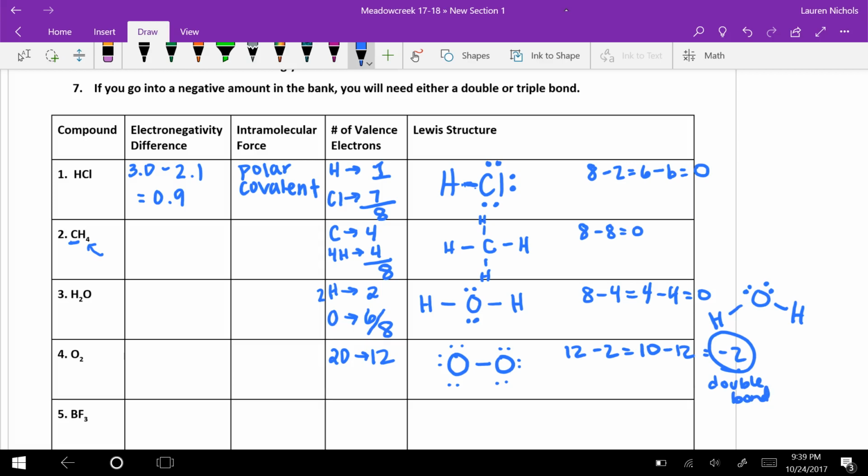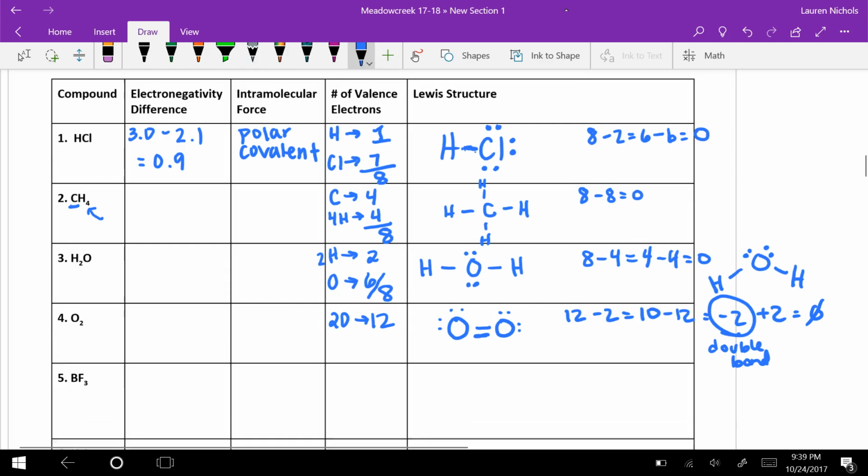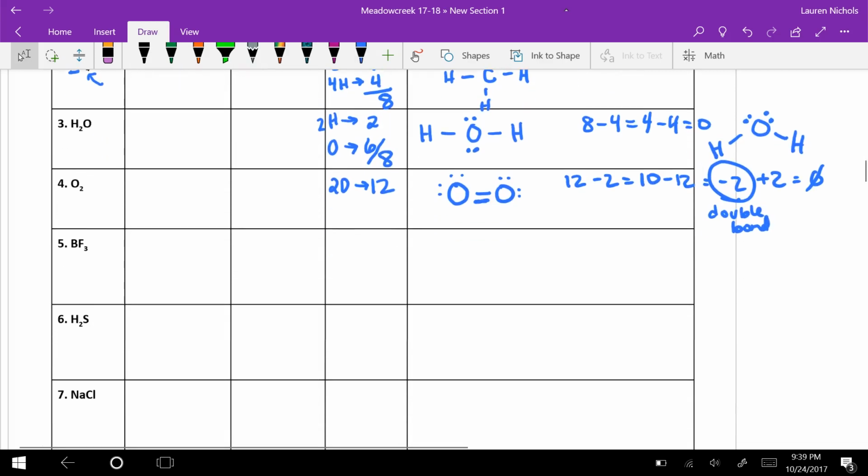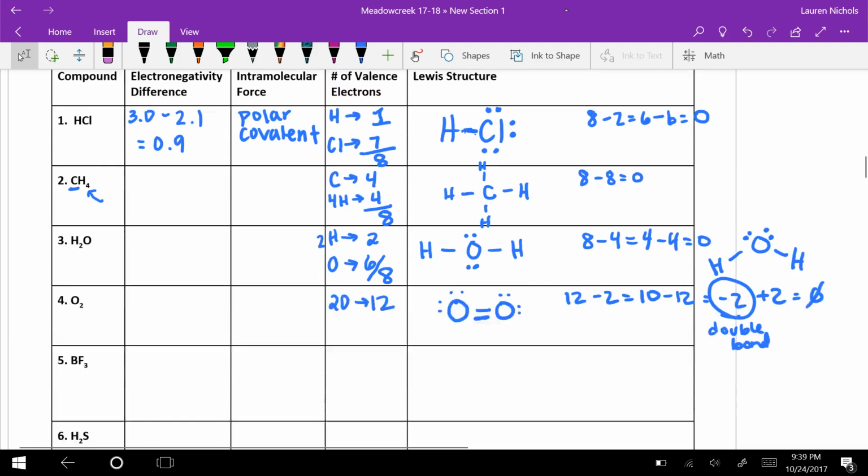So instead of having a single bond, we need to get rid of 2 of our lone pairs and make it a double bond instead. And that would give us, we would add those 2 electrons back to get 0, and it would give us our double bond. Okay. That's kind of the intro to it.